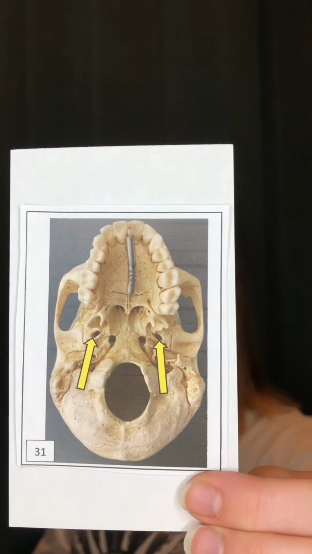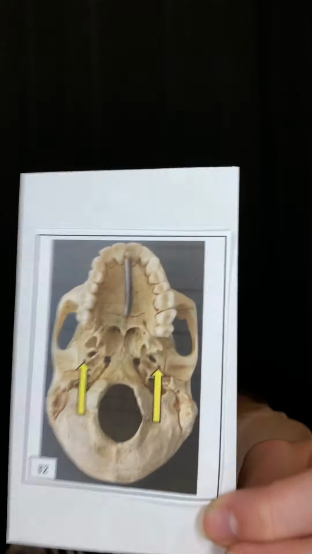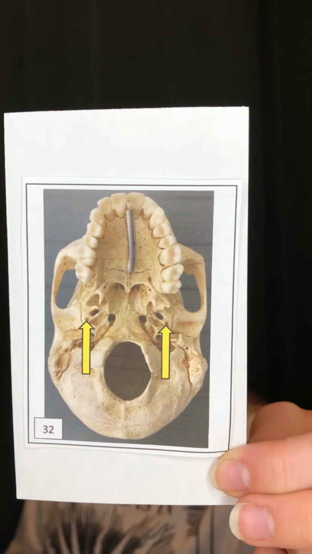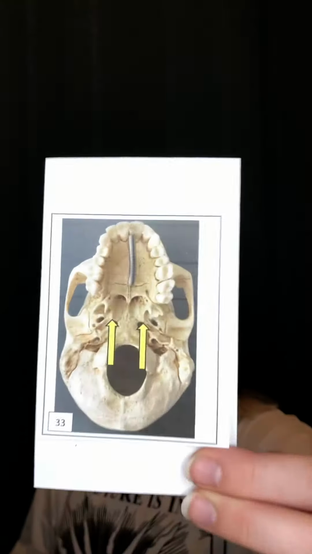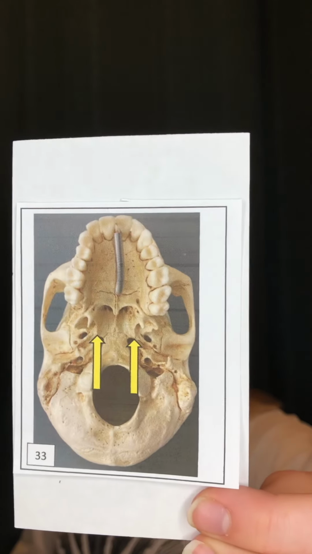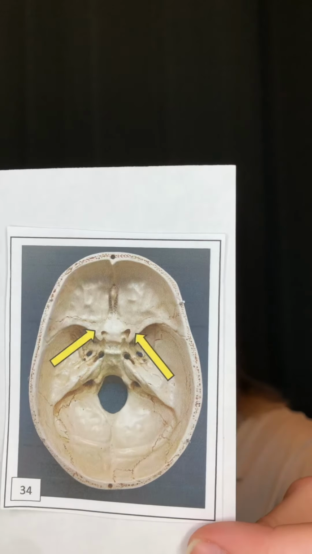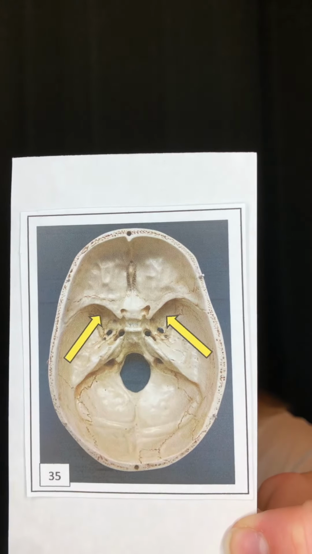Foramen ovale. Foramen spinosum. Pterygoid process. The lesser wings. And then the greater wings.